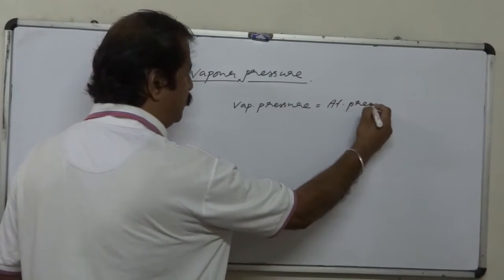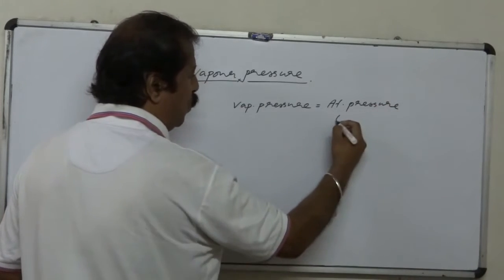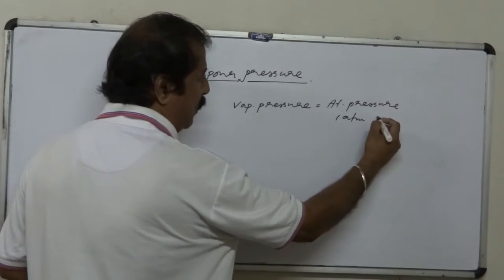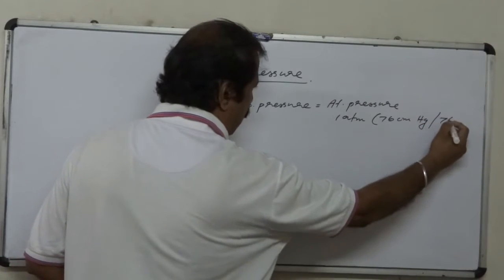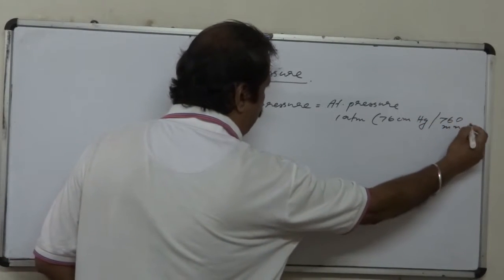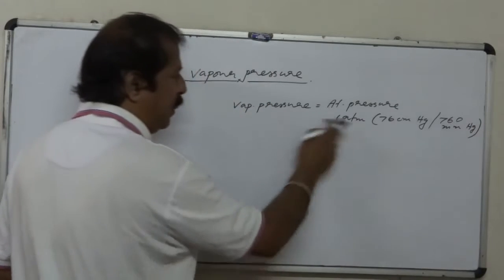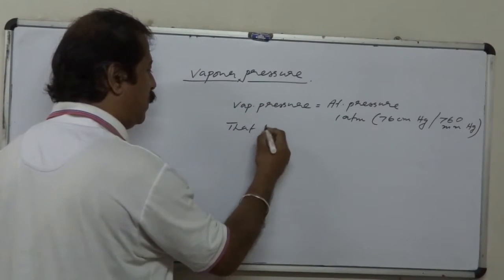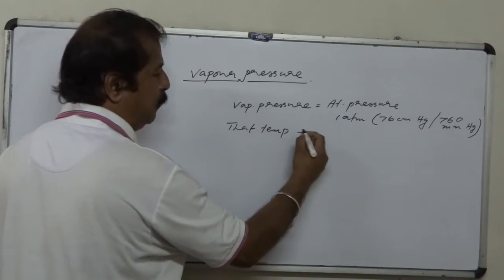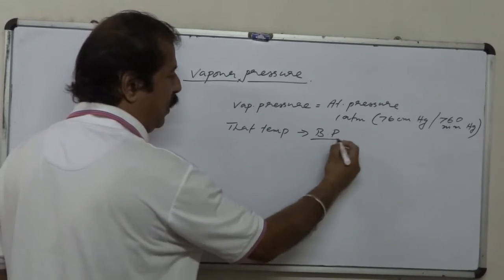Atmospheric pressure is 1 atmosphere or 76 centimeters of mercury, or you can say 760 millimeters of mercury. When vapor pressure becomes equal to atmospheric pressure, that temperature is called boiling point.